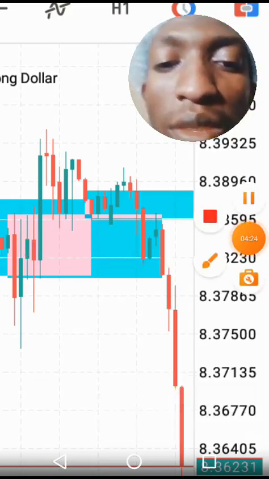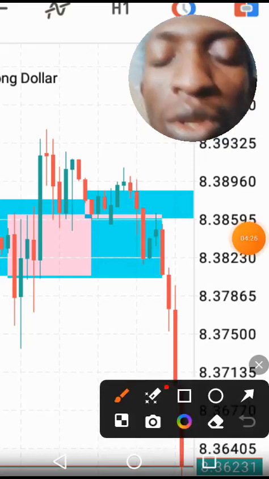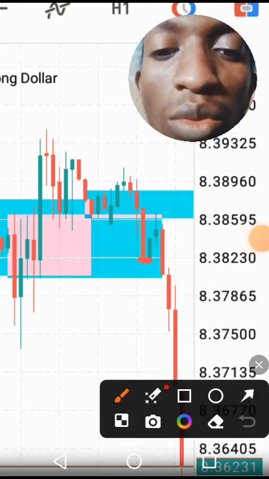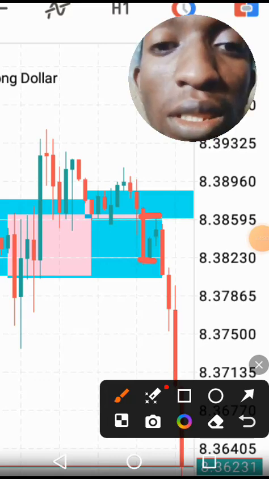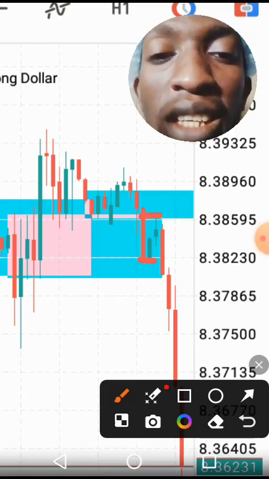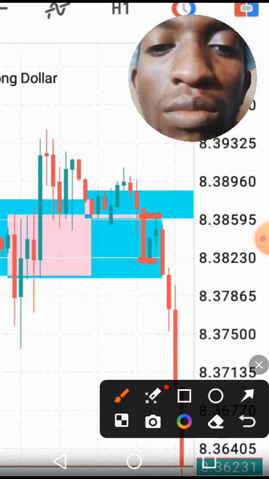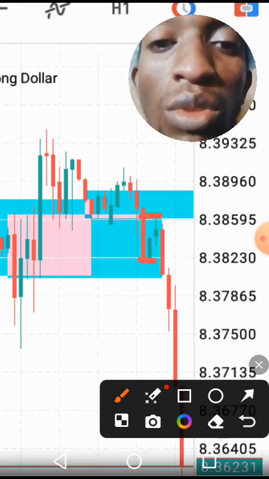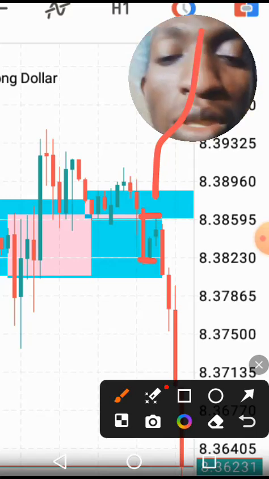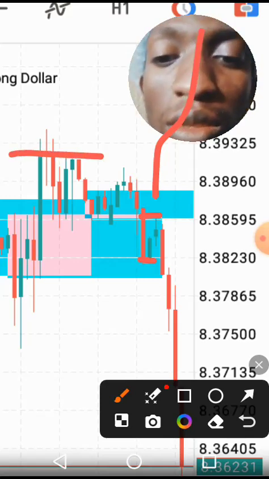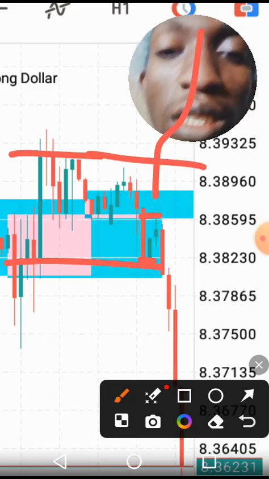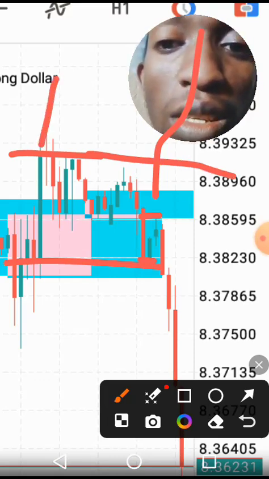But since we were moving down, we couldn't move up. We pumped a little bit, but we couldn't continue moving up because we are actually inside the black box. We didn't break the upside.